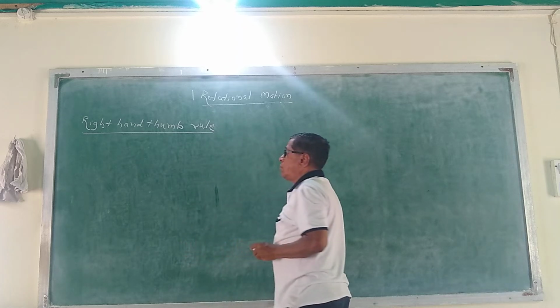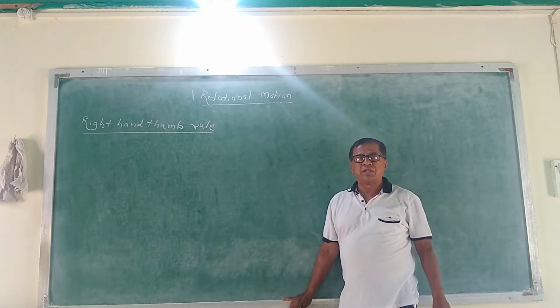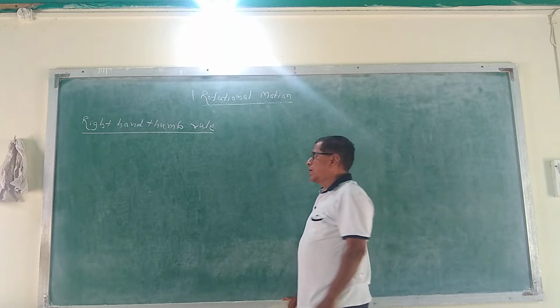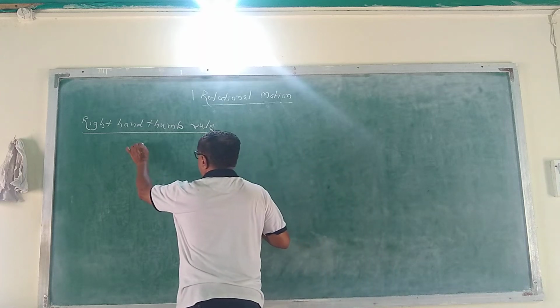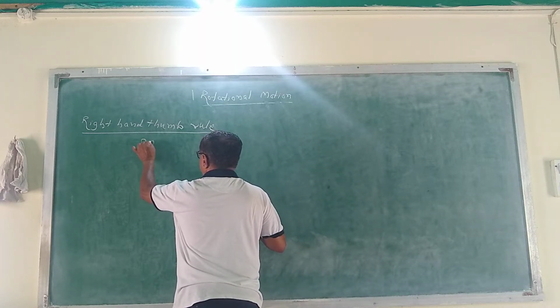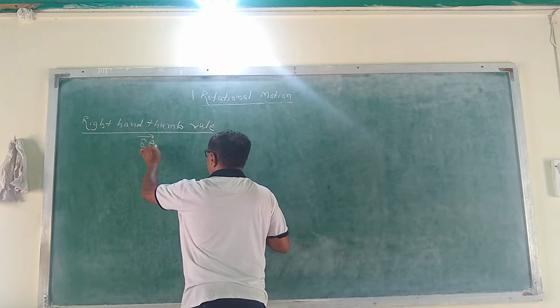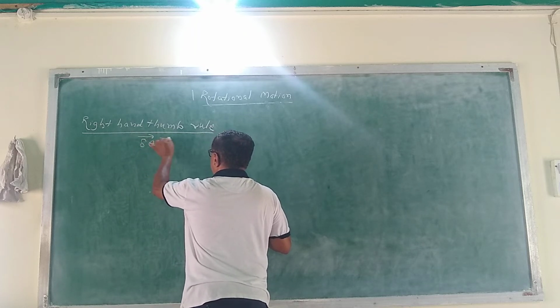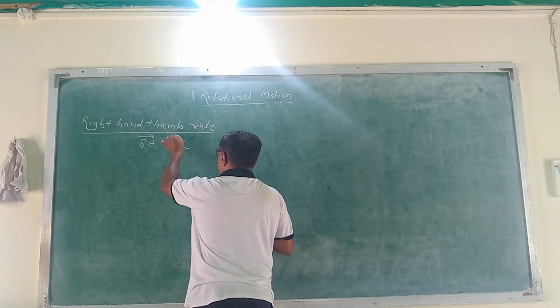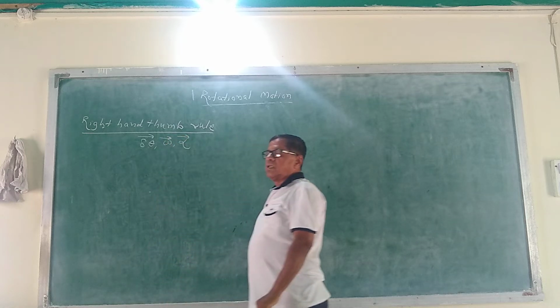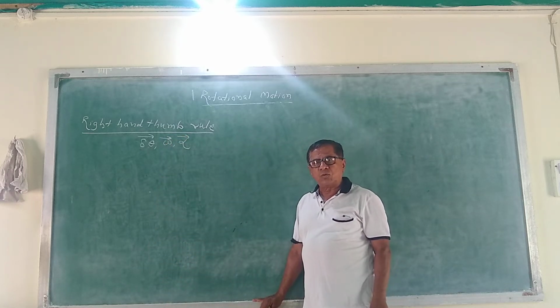That is for the direction of the alpha bar and omega bar, or for the angular displacement delta theta bar. Their direction is given by the right hand rule.